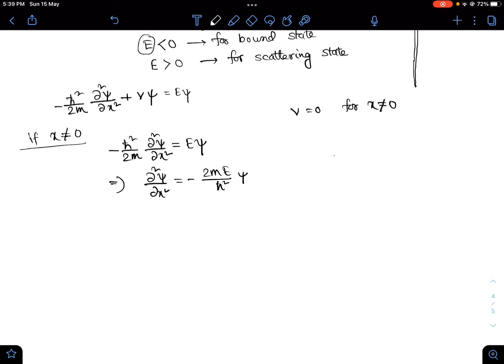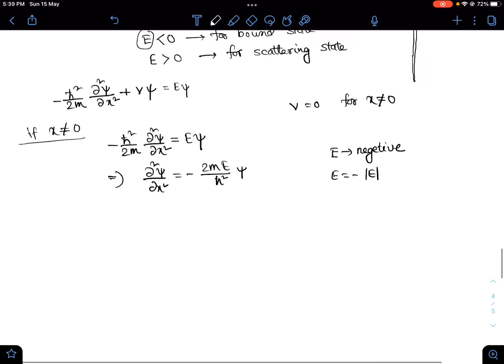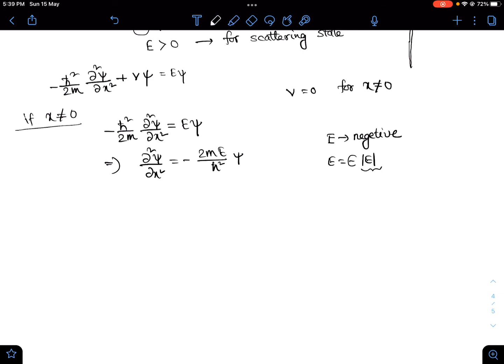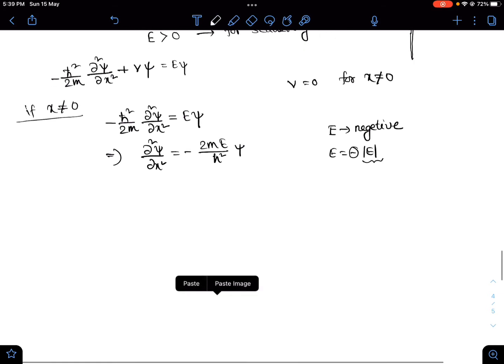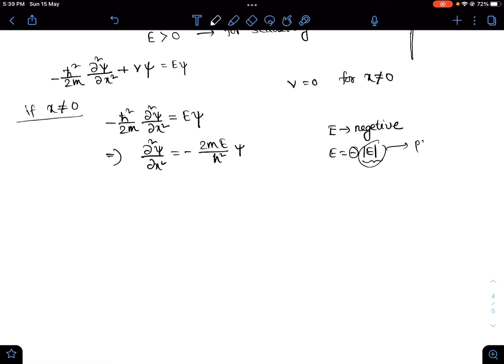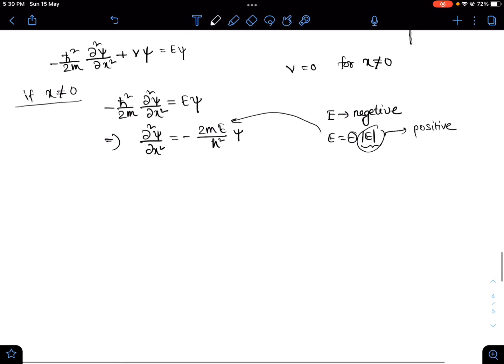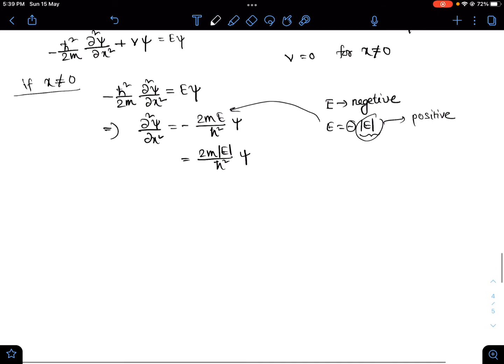Now note that for bound state E is negative. So we can write E to be like this. So this is our value and this is the negative coefficient, and this is positive. So if we put E here, we will get 2m E by h cut square psi. We can denote this by k square.